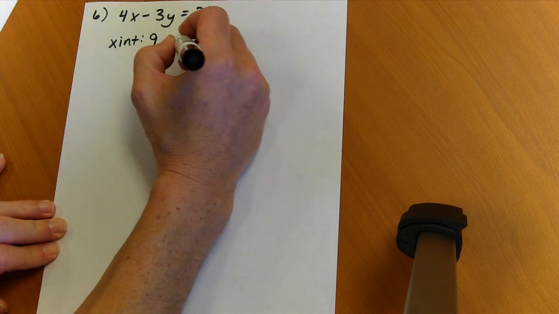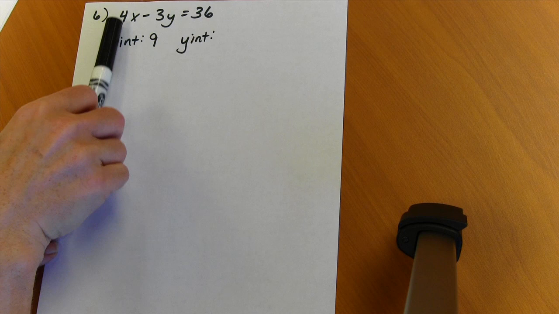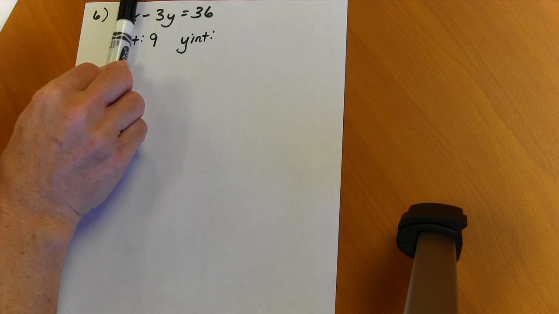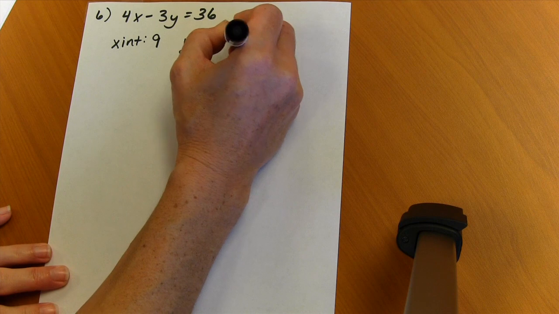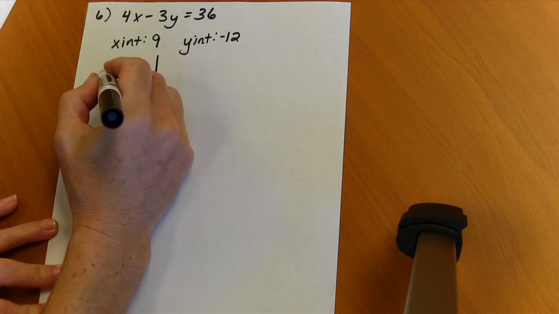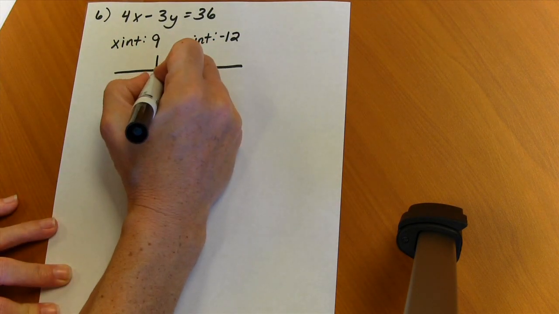The y-intercept, on the y-axis, x is equal to 0, so we can cover it up. It's going to go away. Solving negative 3y equals 36. I divide by negative 3. Negative 12 is the y-intercept. On the graph, on the x-axis, we put a point at 9.